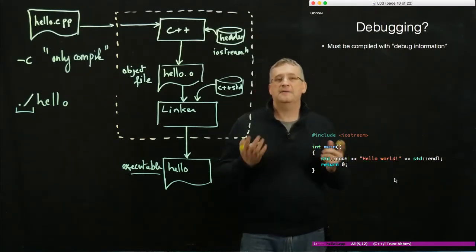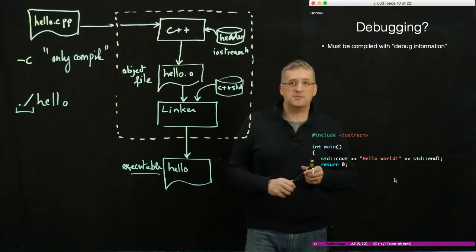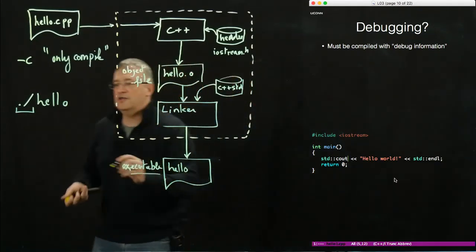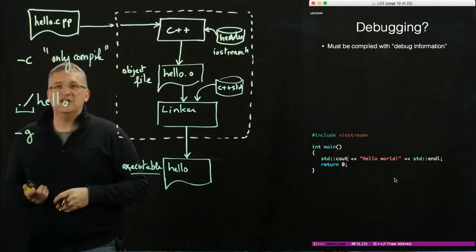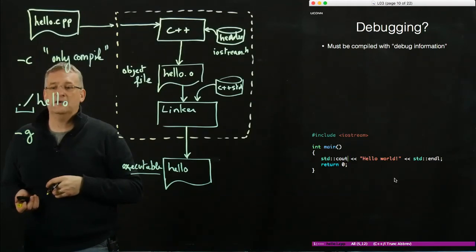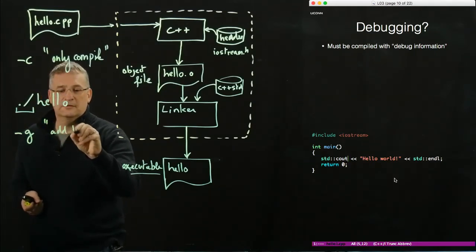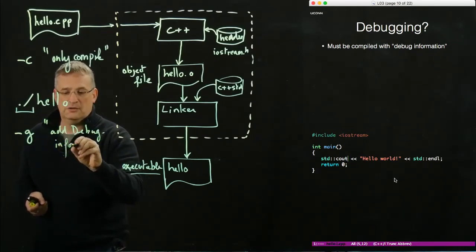Debugging, again, it's quite straightforward to do. You can actually get to it by adding yet another option, and I'm going to put it over there in that corner, and that's quite straightforward. It's -g. It means add debug information.